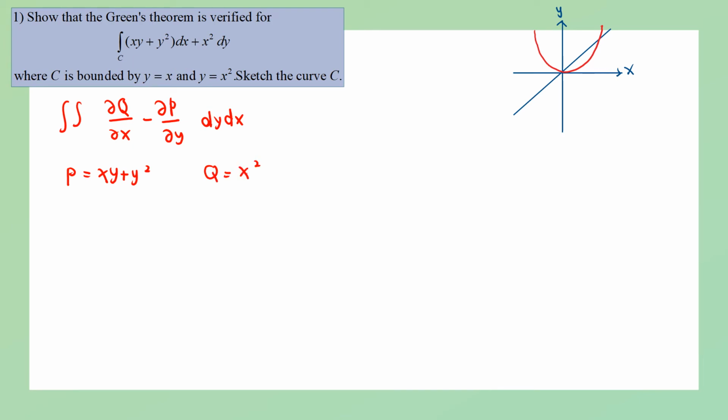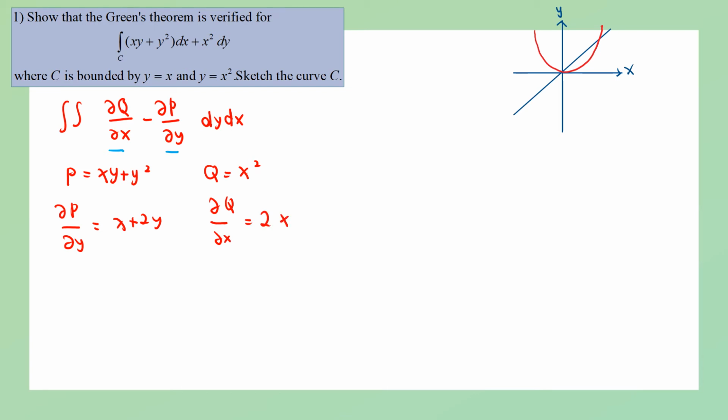Based on this formula, we need to find del q over del x and del p over del y. First, we find del p over del y. So you will get x plus 2y, and for del q over del x, you will get 2x.